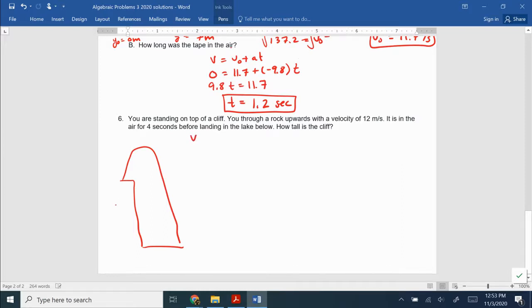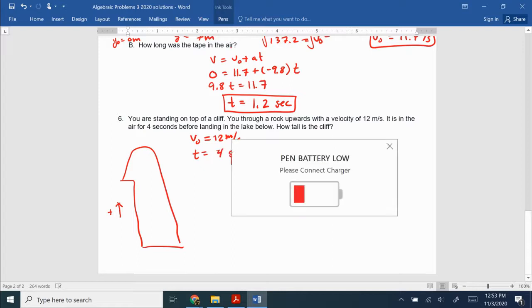So we do have upward and downward motion, so you should choose up to be positive. So your initial velocity is 12 meters per second. Your time is 4 seconds.